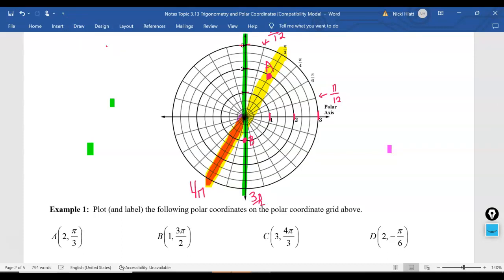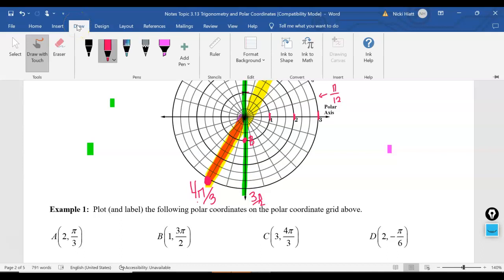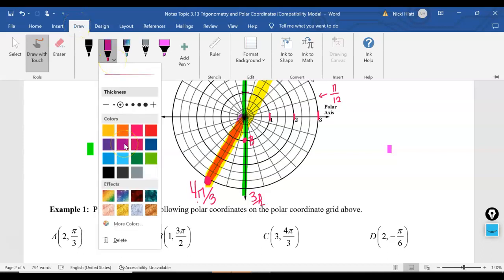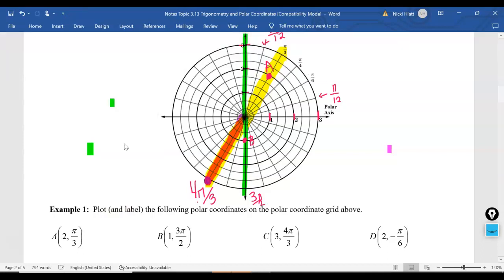Sorry, I can't write as well on this laptop as I can on my school computer. So we're going towards 4 pi over 3 until we get to the circle that has a radius of 3. That's always all the way to the outside right here. Let me use a different color so that shows up. Let's use purple. Right here, that would be our point C.